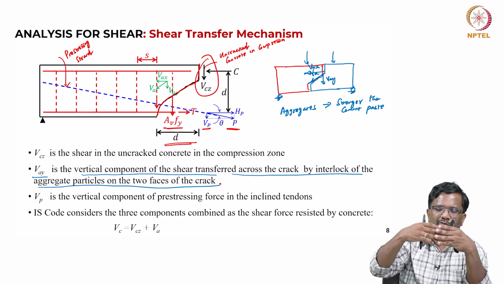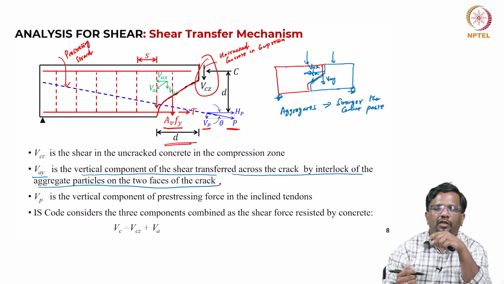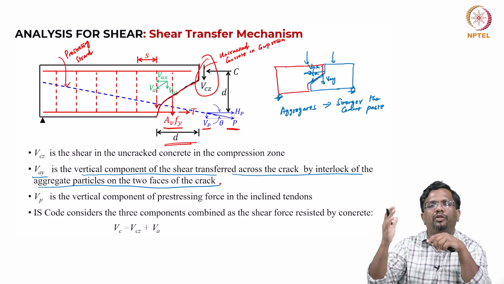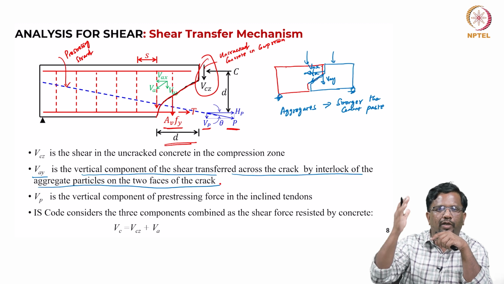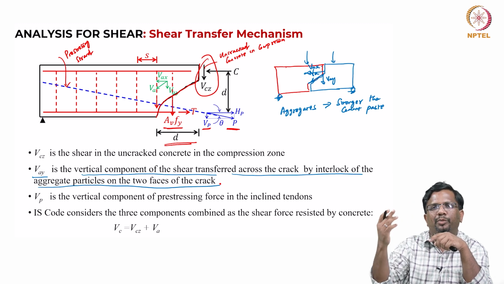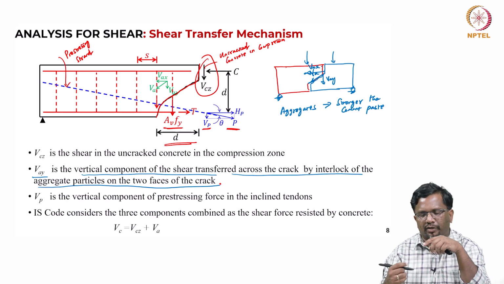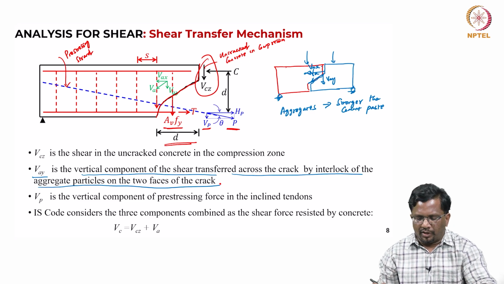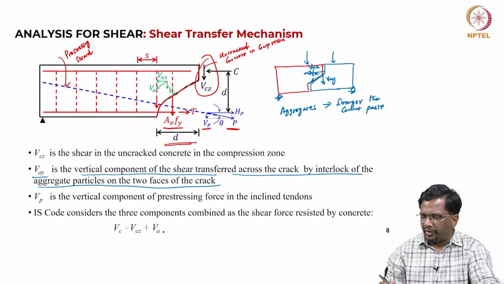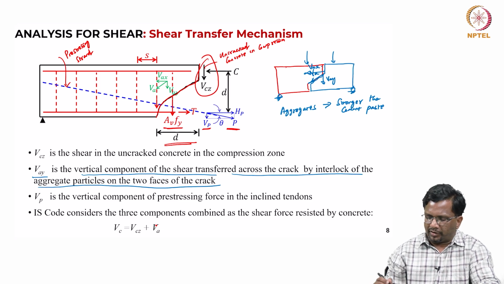If the crack width becomes quite large, obviously that VAY component will become 0, but because we are also going to put a lot of stirrups, at ultimate the crack widths are typically not going to be that high. So, still there will be some resistance offered at the interface. So, that is why the code is adding these two things, VCZ plus VAY, in the shear resistance.